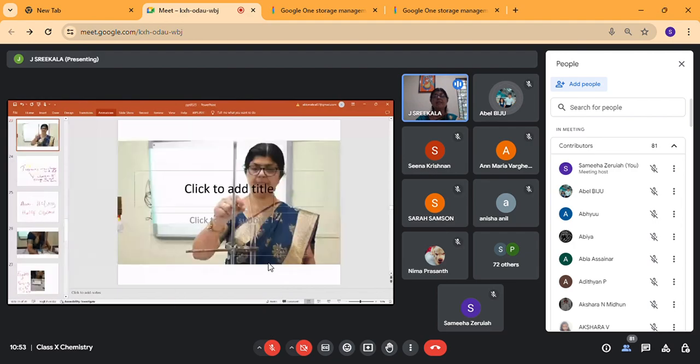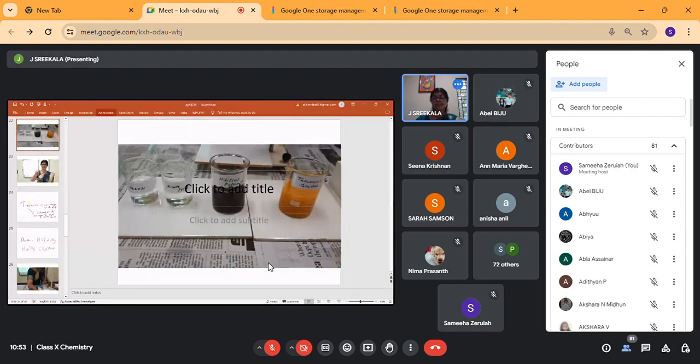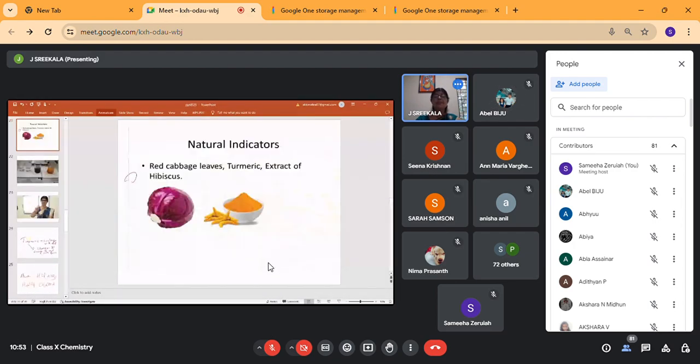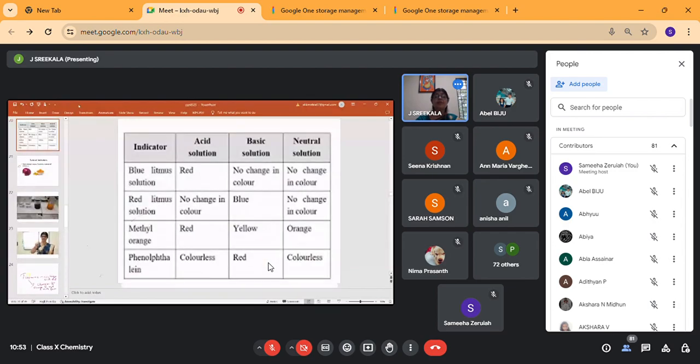Tell me the color changes of indicators. Red litmus solution changes. Which substance changes the color of red litmus? Base. Which substance changes the color of blue litmus? Acid. Same is the condition with litmus solutions also.